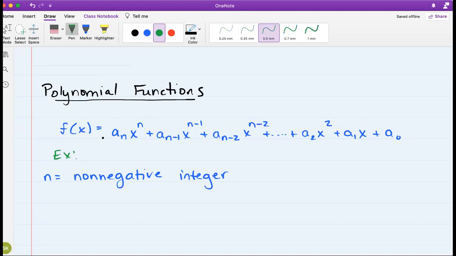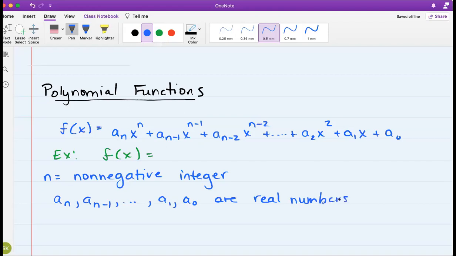So for example, these a sub n minus 1, and so on, they're coefficients. These are real numbers, so they can be any real number.